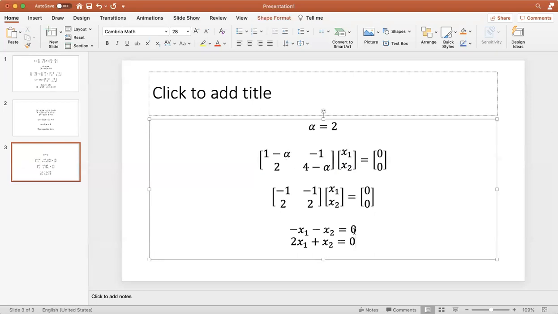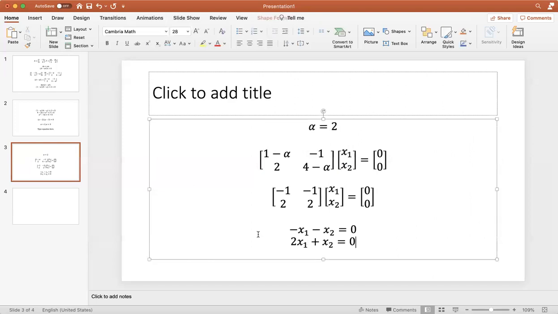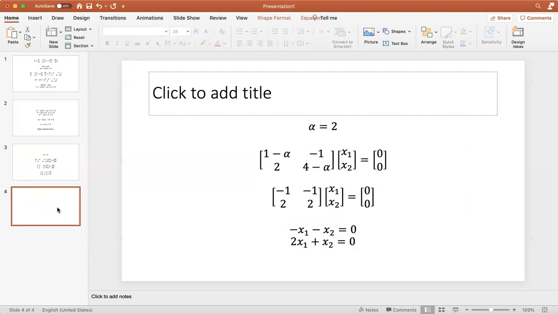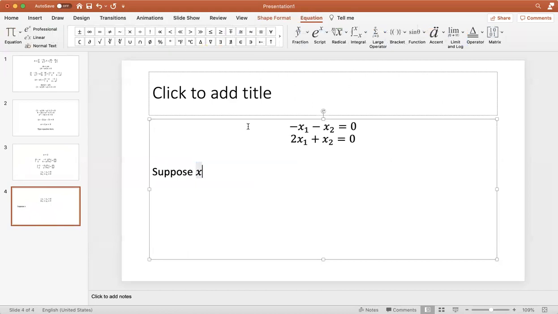Now, to solve for the eigenvector, we'll have to make some assumptions. So let's copy this equation. Suppose x1 is equal to 1.